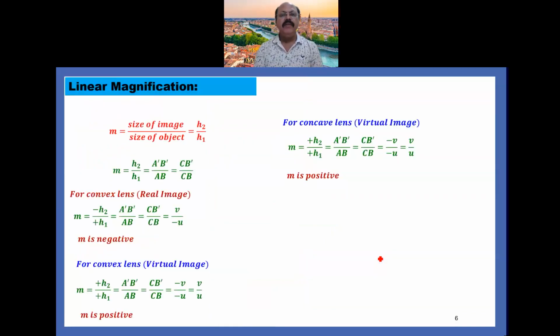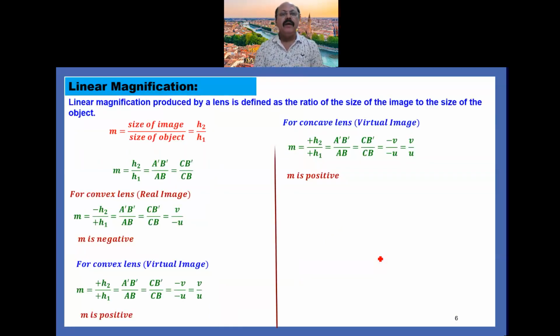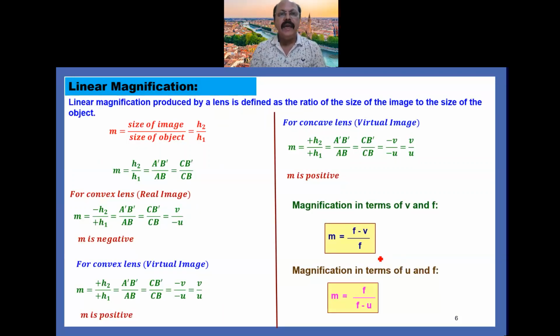Now the linear magnification. Linear magnification is defined as the ratio of the size of the image to the size of the object. It is represented by small m, and small m equal to size of image upon size of object. If the size of the image is represented by h2 and the size of the object by h1, then this becomes h2 upon h1.